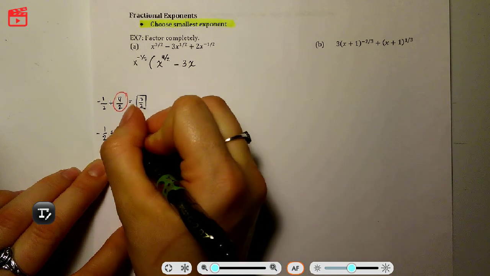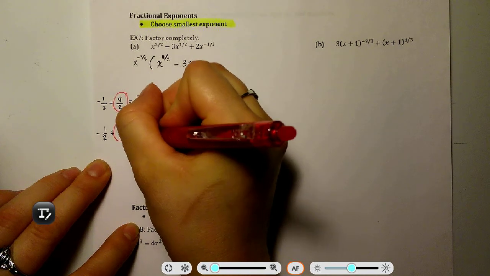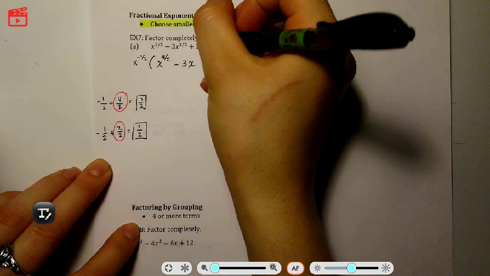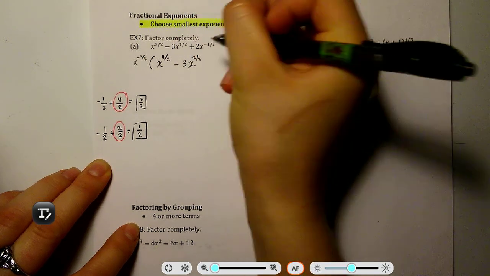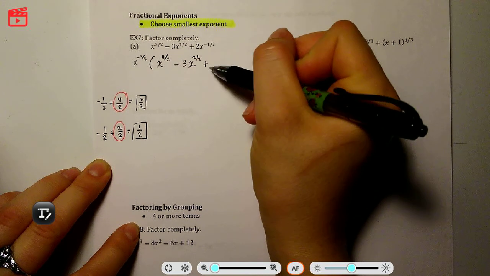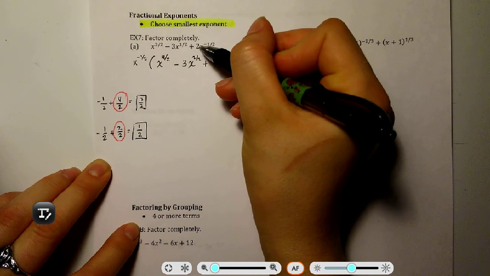Well, 2 over 2. If I add a negative half to 2 over 2, I should end up with a half. So there we go. That's the exponent we're looking for, 2 over 2. And then plus, bringing down the plus sign. We take away x to the negative half, and what's left over is just that 2.